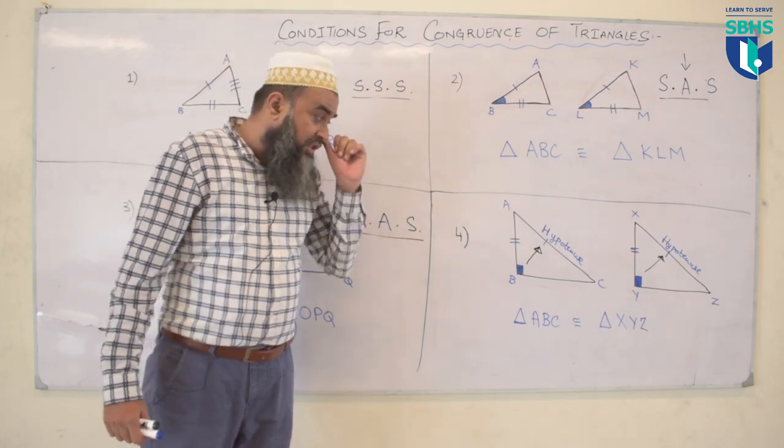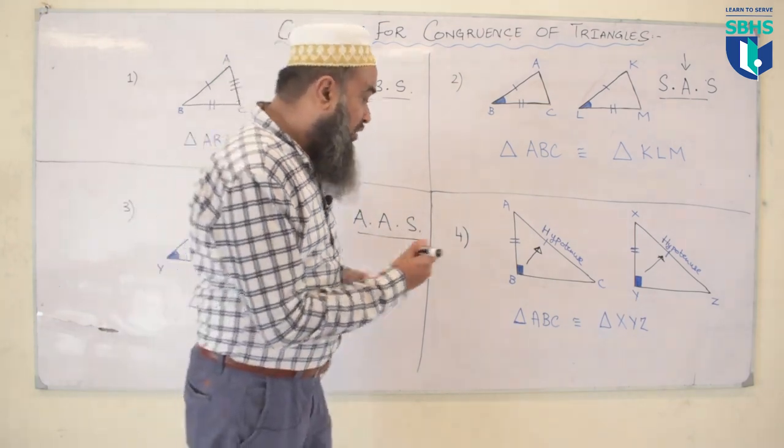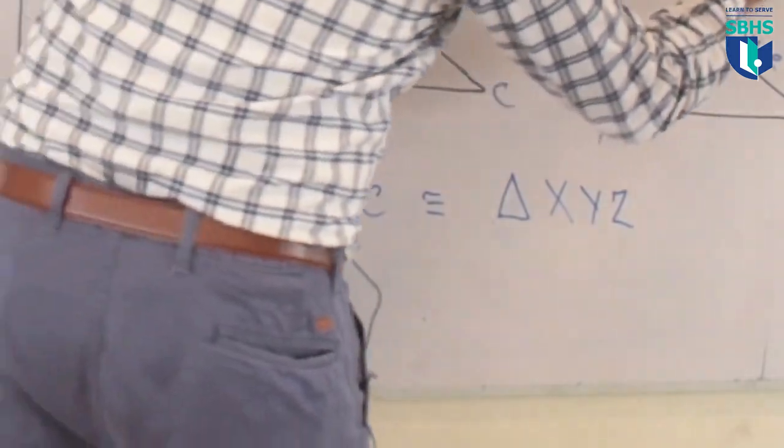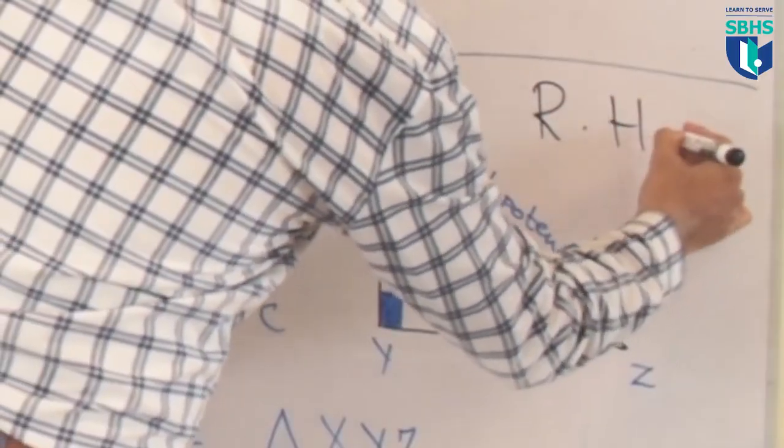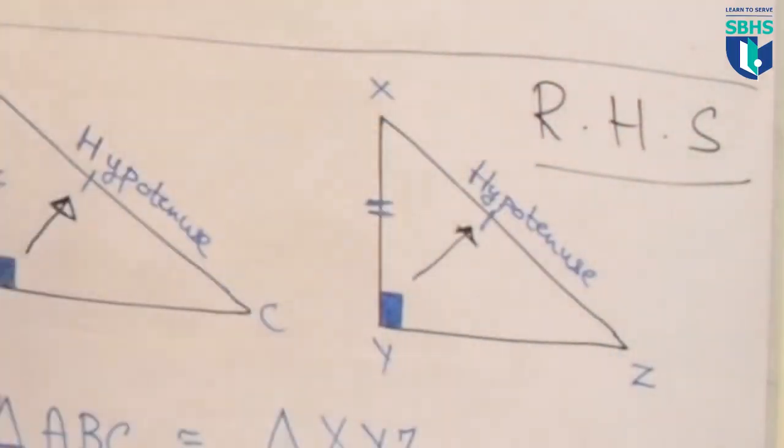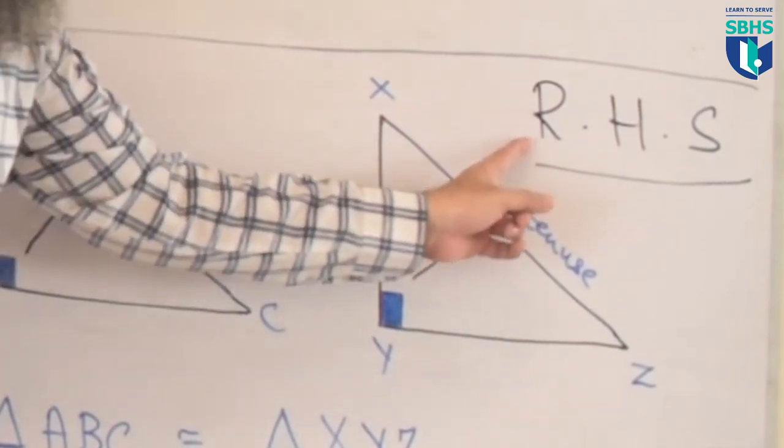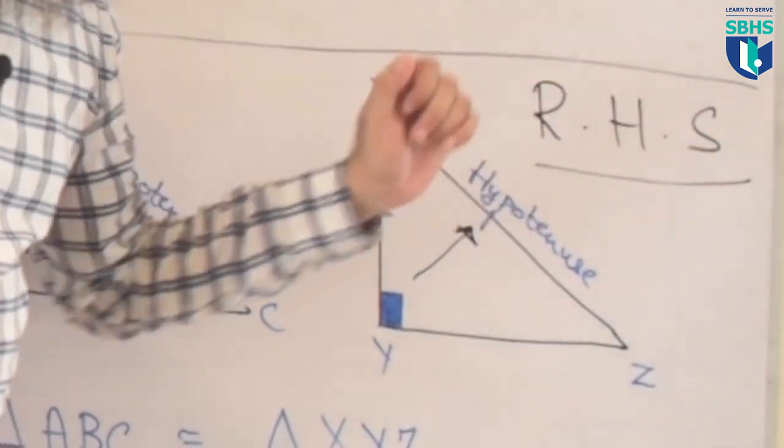For this condition, the theorem that arises is called RHS. What does RHS mean? RHS means right angle hypotenuse side.